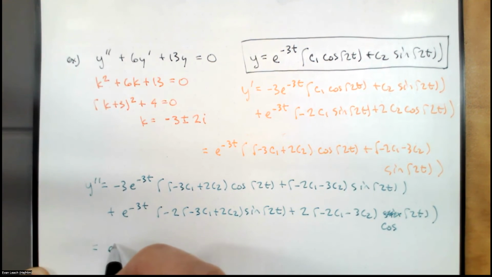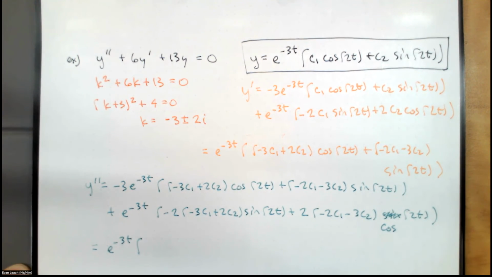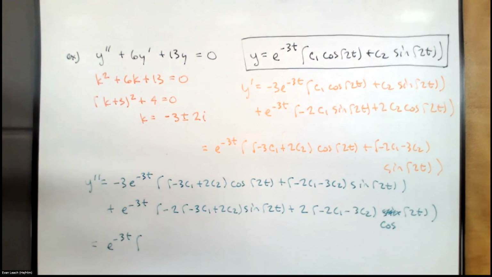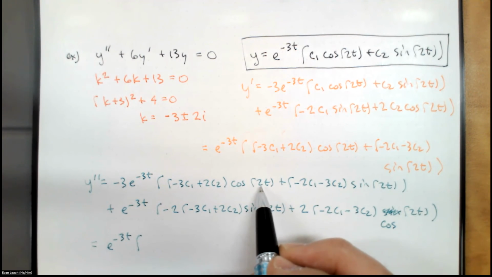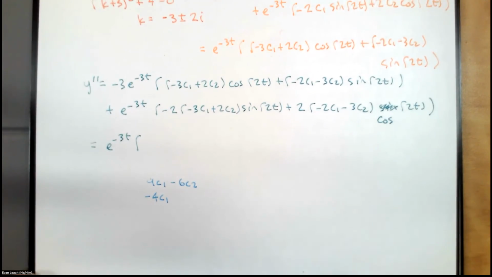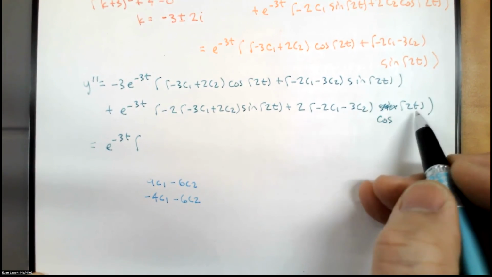So I'm going to factor out an e to the -3t. What's my coefficient of cosine? For cosine, I've got 9c1 minus 6c2 times cosine of 2t, and then minus 4c1 minus 6c2 for this cosine of 2t.